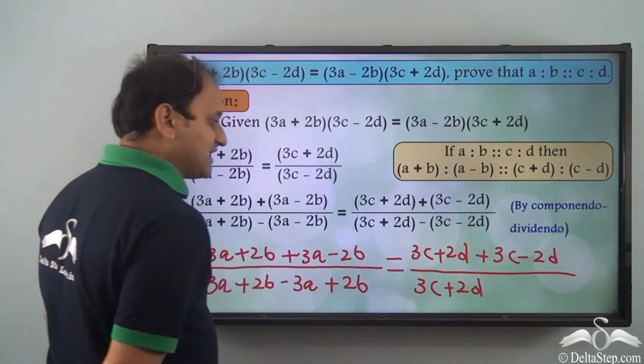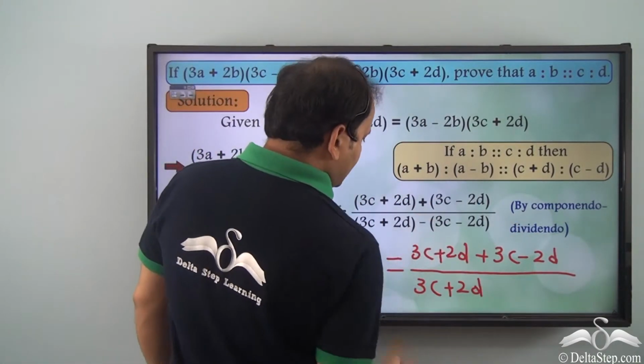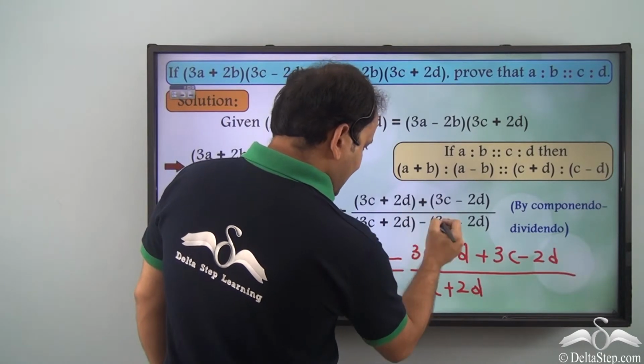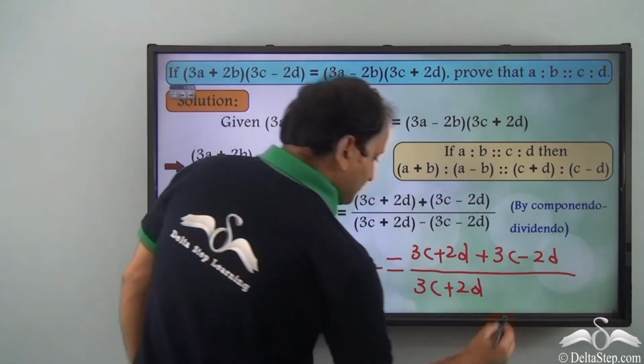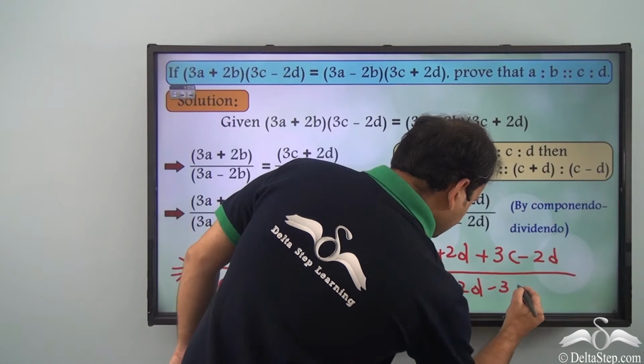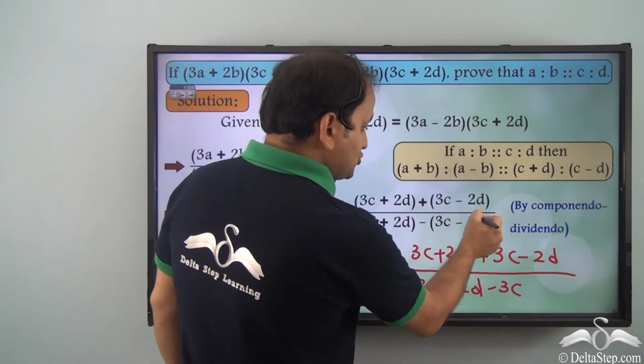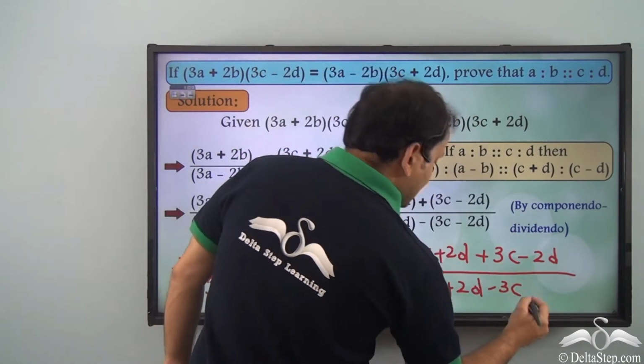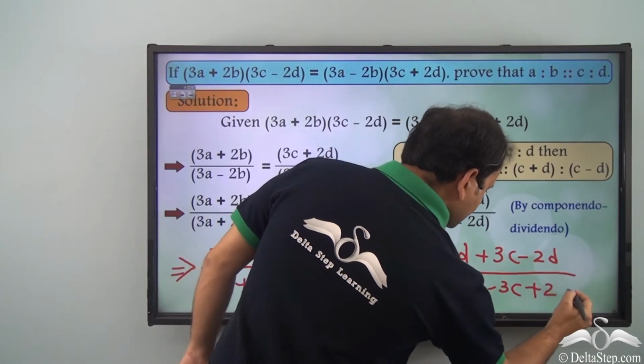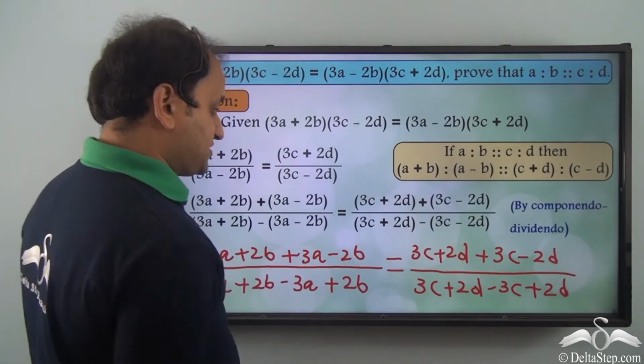Again we have a minus sign. So when we open this bracket, minus into plus 3c will be minus 3c, and minus into minus 2d will be plus 2d. Now we have this entire expression.